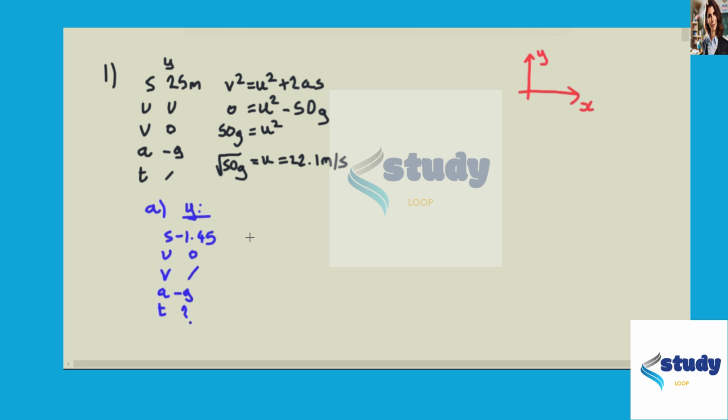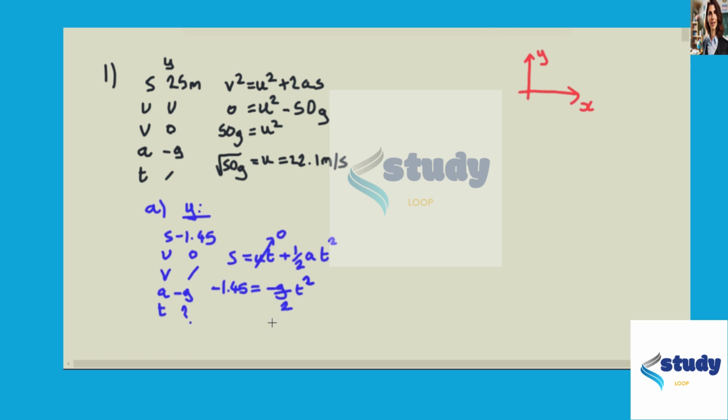So we write out our kinematics equation. S is equal to ut plus half of at squared. And the first thing we note here is that ut is 0 because our initial velocity is 0 vertically. So that leaves us with negative 1.45 is equal to negative g over 2 times t squared.